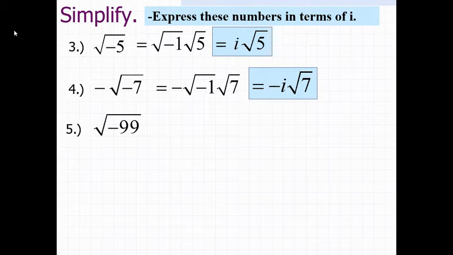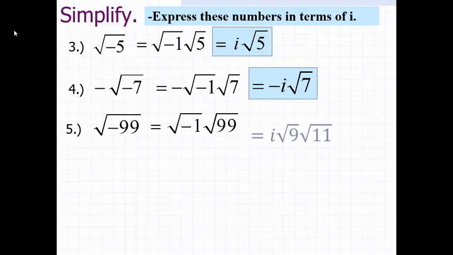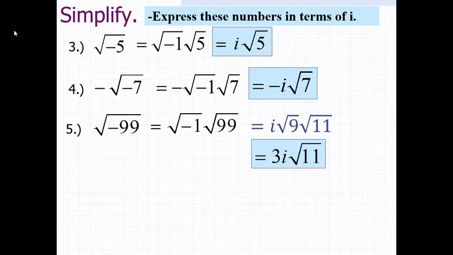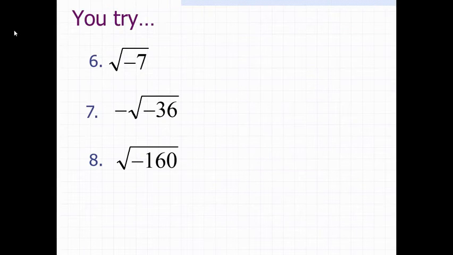So here we have the square root of negative 99. In this case, we take out the square root of negative 1. But notice we can break the 99 down into square root of 9 and square root of 11. So now the square root of 9 gives us a 3, so we get 3i square root of 11.